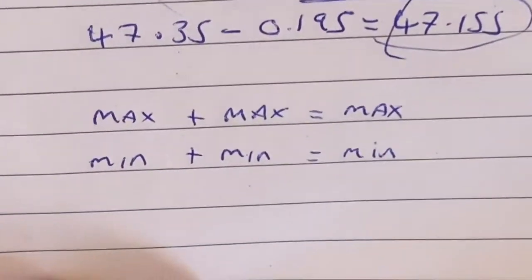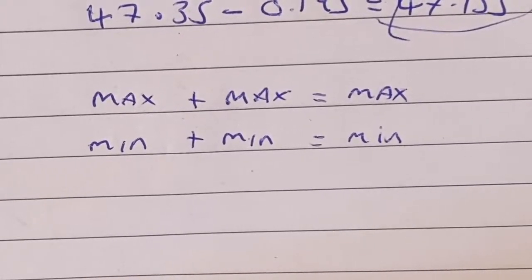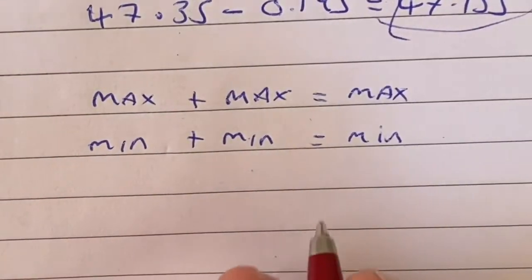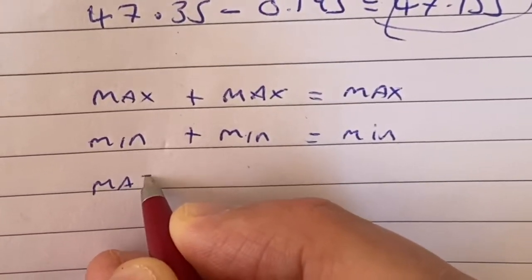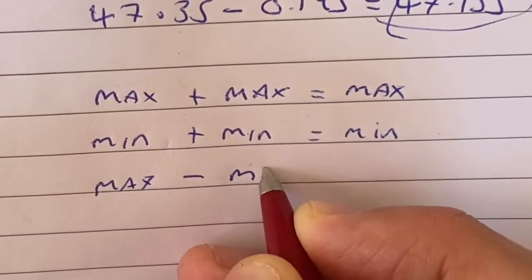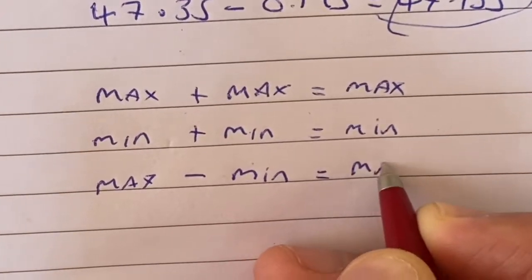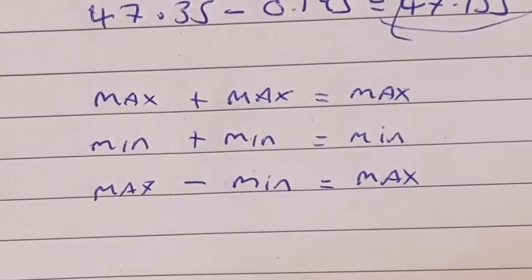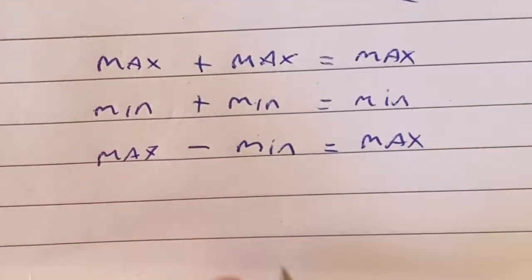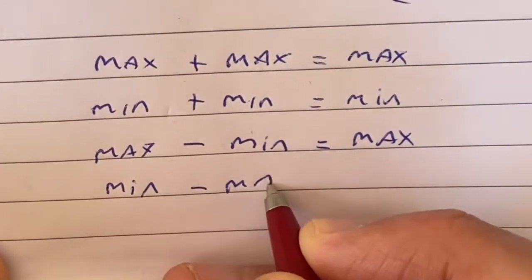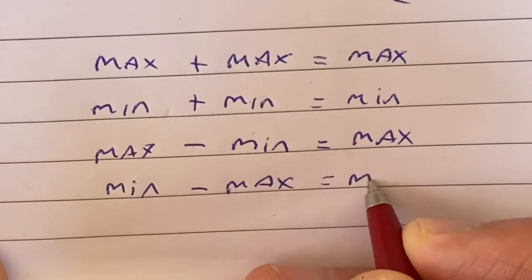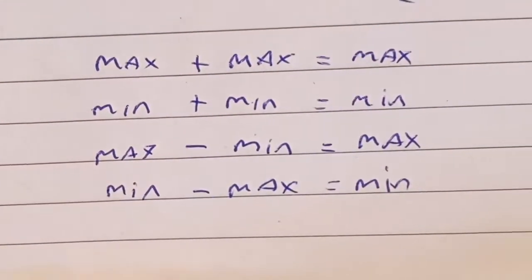That would get me the smallest added together. Now, if I want to take them away, and I want the biggest, I'd just start with the biggest and take away the smallest. That would leave me the maximum amount that could be. If I want the smallest amount, I'd have to start with the smallest amount and take away the maximum amount. And that would leave me with the smallest.